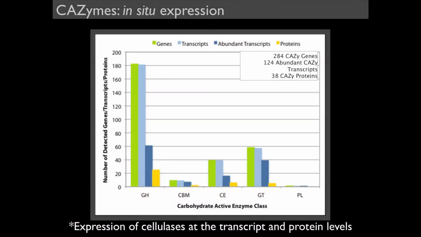Although the numbers look significantly lower than the transcripts and certainly a lot lower than the genes, we are still excited to see that a lot of these CAZymes are present in the proteome, because remember that this is coming from the bulk community. So the number of proteins that we get back from the fungi in that community is only a certain percentage. And then to see these CAZyme proteins related to the fungi suggests that they're highly expressed in the environment.